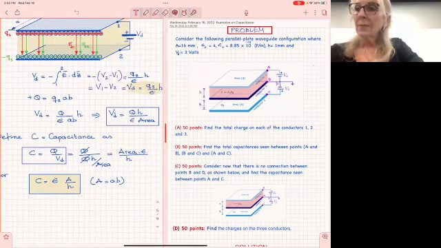It's a function of only the geometry and the material properties, nothing else. It's not a function of the voltage, or of how many charges you have. It's a function only of epsilon, which characterizes the dielectric material, the area, and the distance between the two conductors.